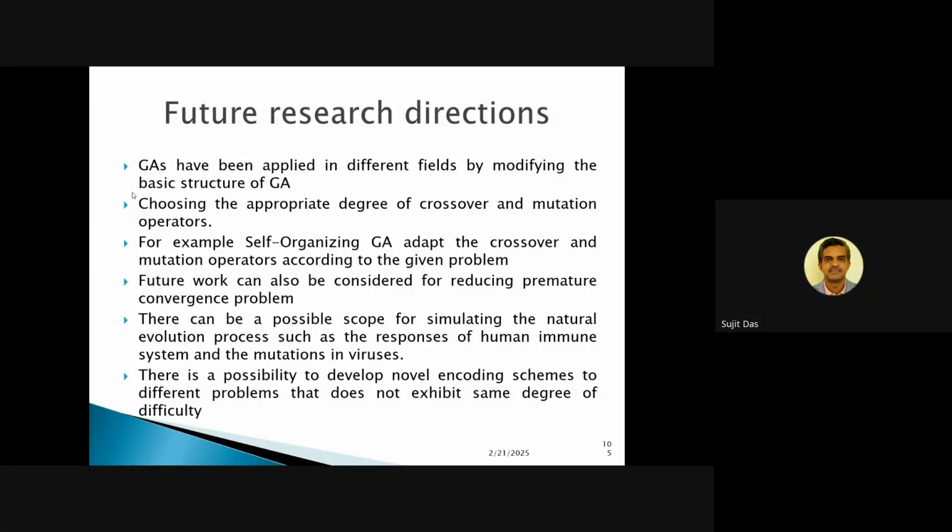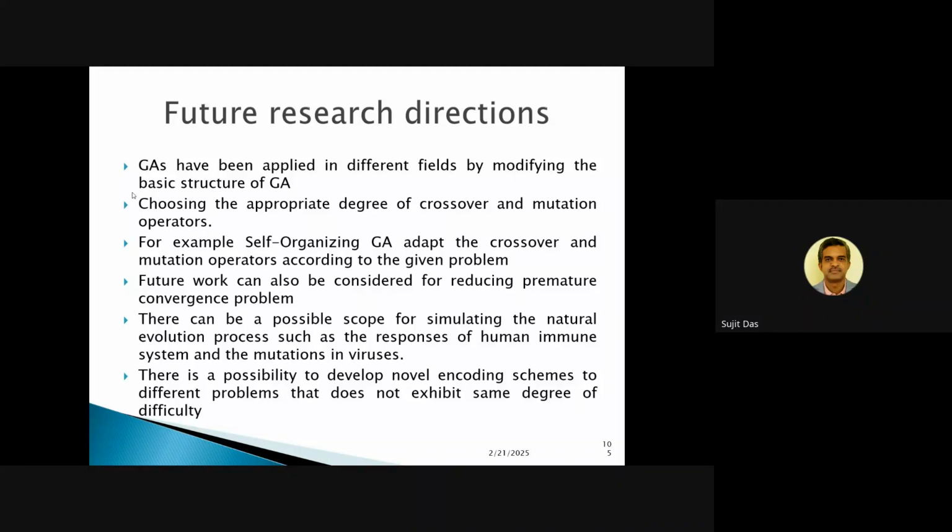So a self-adapting genetic algorithm will be there, where the crossover and mutation rates can be selected automatically. And again, you can go for finding some unique kind of encoding technique that can be applicable to all problems, irrespective of the problem nature. That is again a very crucial problem where we can work.